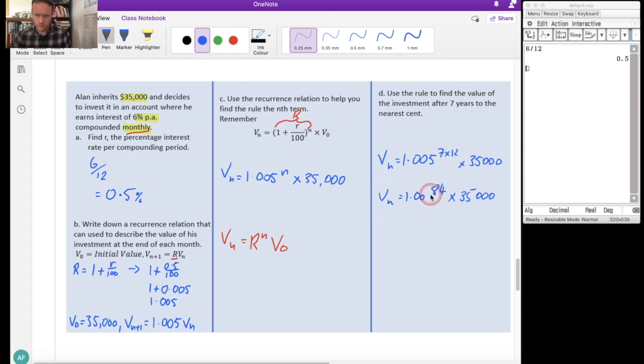Okay, go over to our CAS for this now. So we've got 1.005 to the power of 84 multiplied by 35,000.